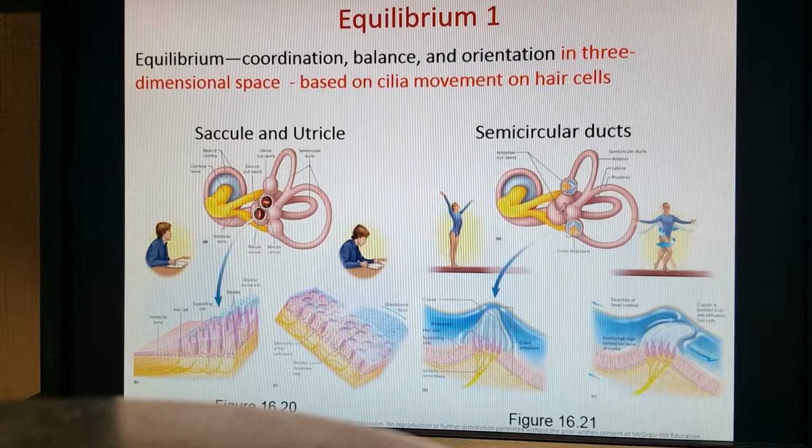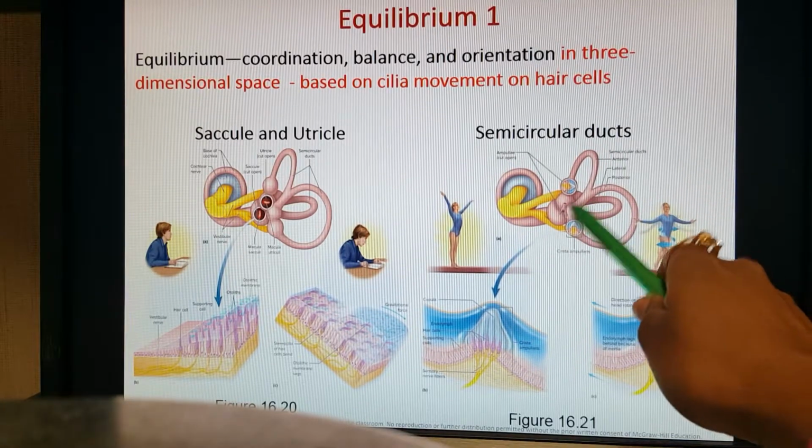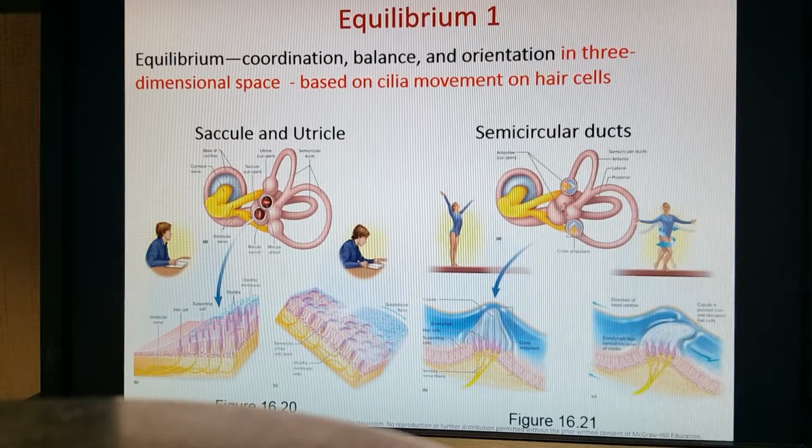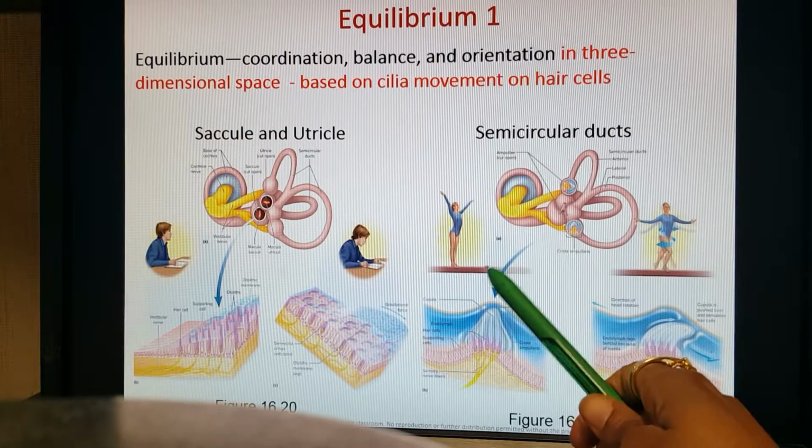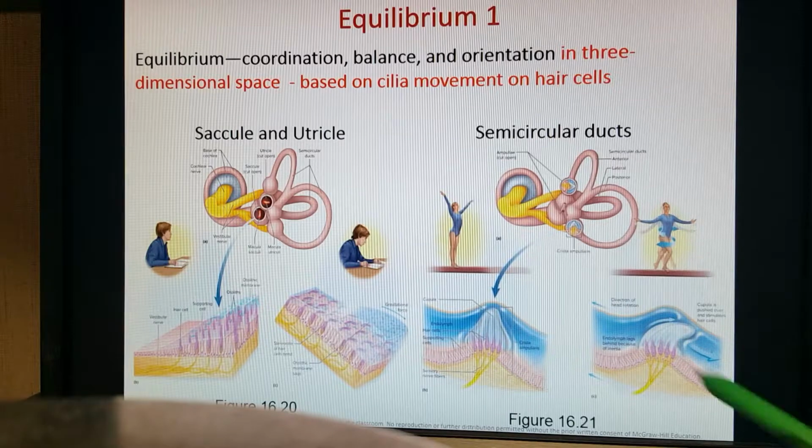Another way of determining your head movement is through your semicircular ducts. They're arranged in different angles and orientations in space. Again, fluid moves, causing the hair cells to bend, and when those hair cells move, they tell the brain, hey, for example, when the gymnast spins on the balance beam, that causes the fluid to move, causing the hair cells to move, and telling the brain, hey, we've turned our head in space.